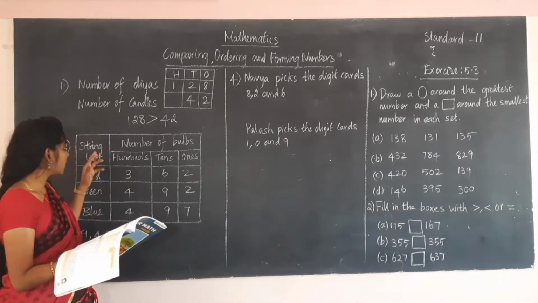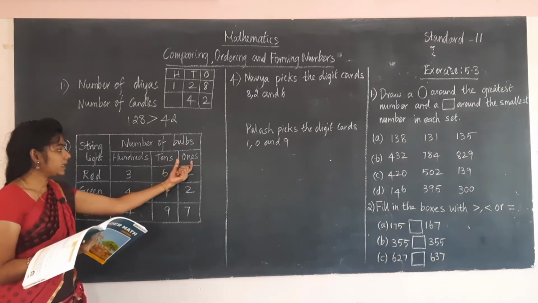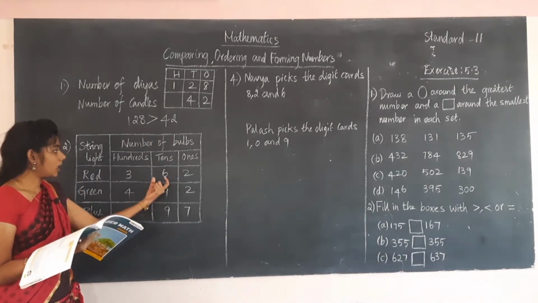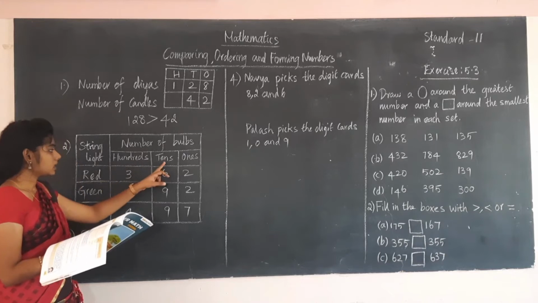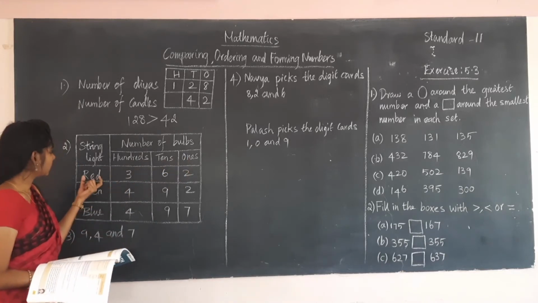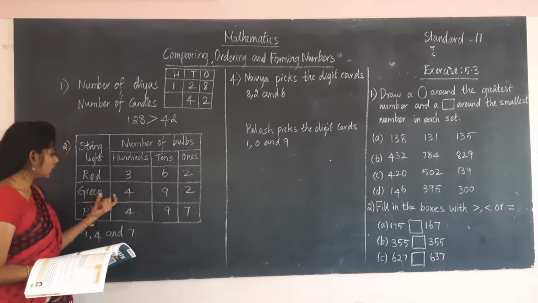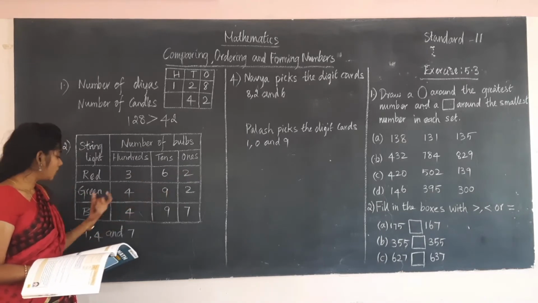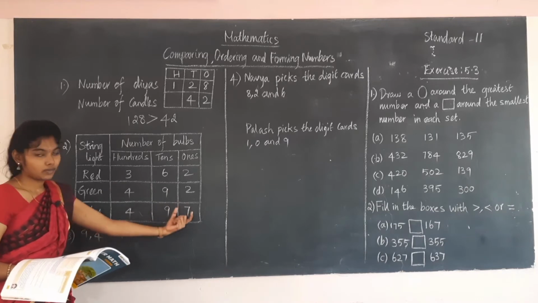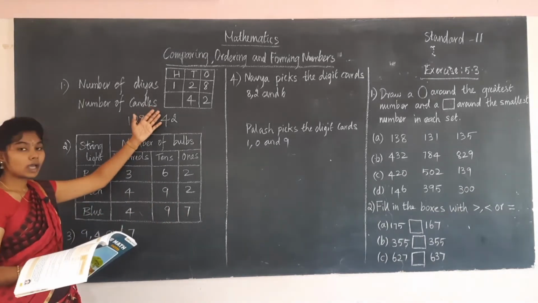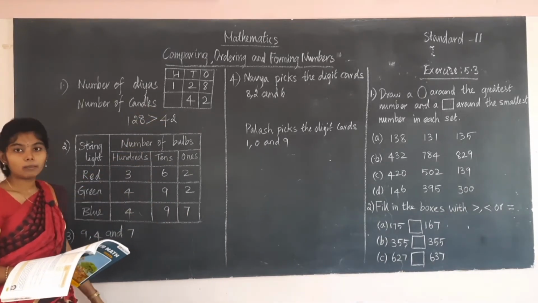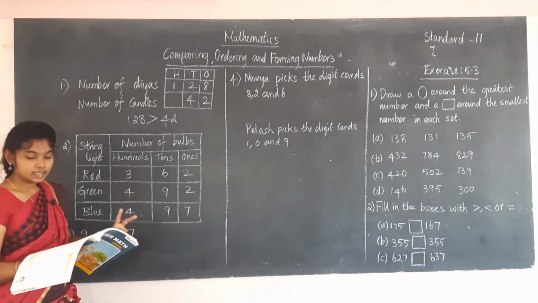Here I have placed the values in the table: the hundreds place, tens place and the ones place. The red string light is 362, the green is 492, and the blue is 497. Just as we compared before, here also we are going to compare to find the most and the least number.